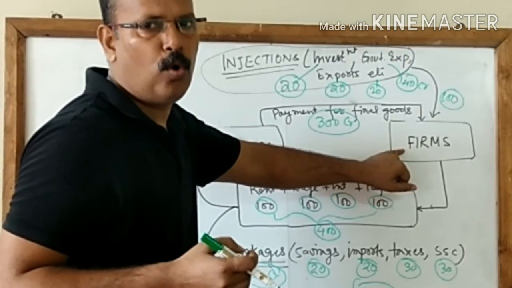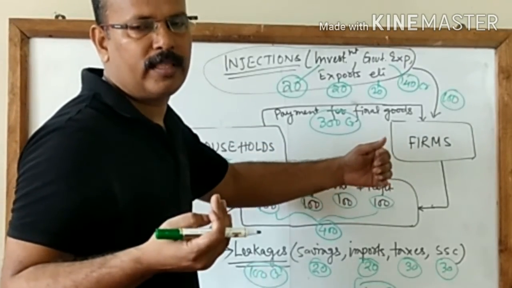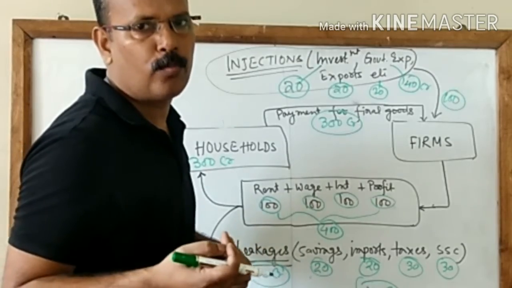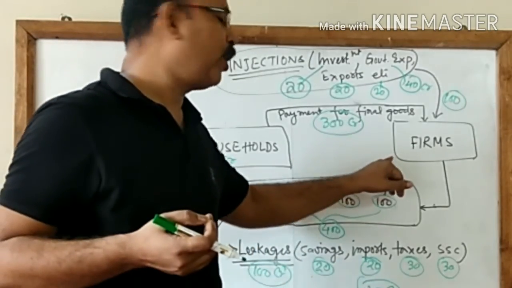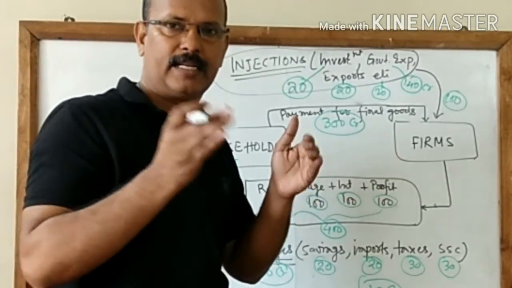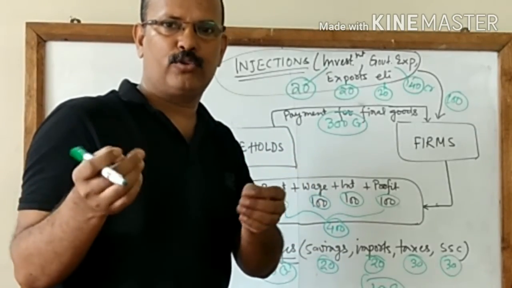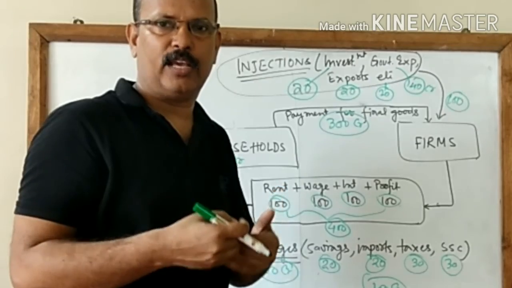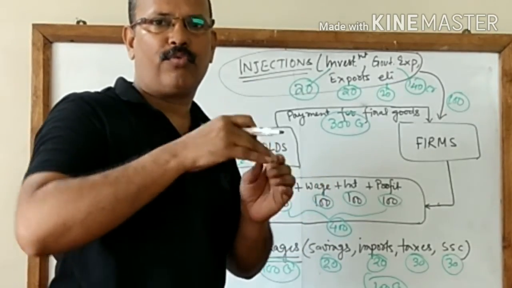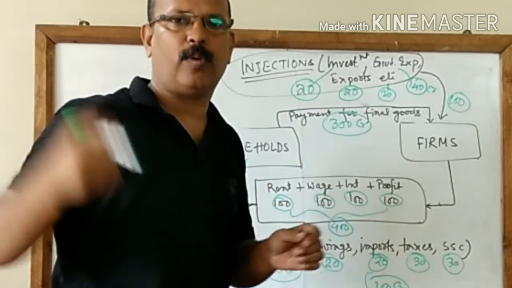Generally investment is more. Investment should be more in the economy for the economy to grow properly. And for economic growth, if government is setting a target of 8% or 10% or 12%, government should invest more and more money in the economy so that the circular flow of income goes on expanding.